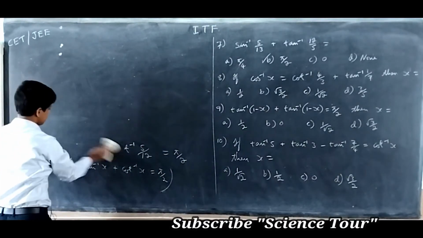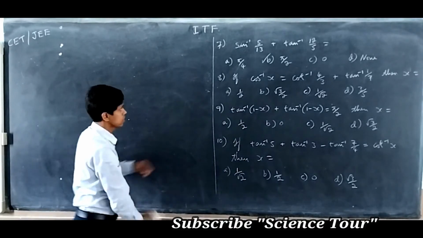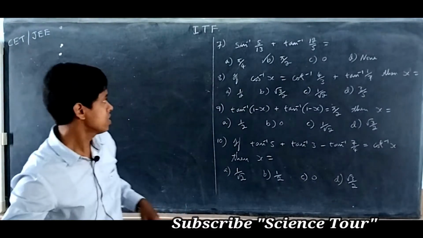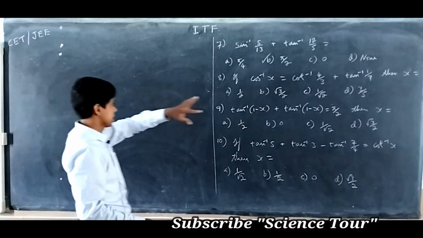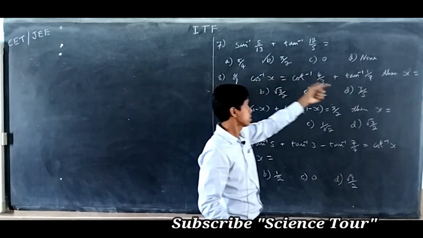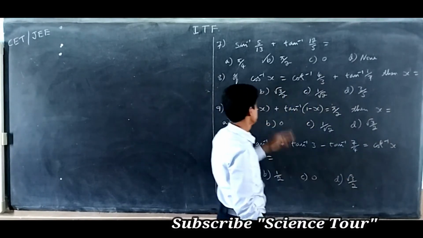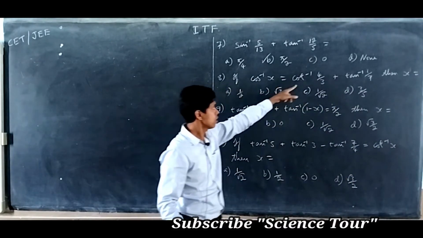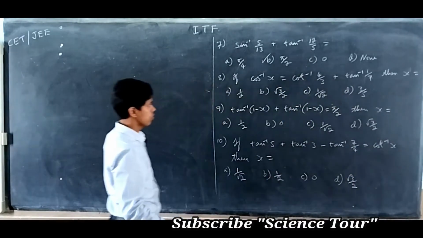Well, let's move on to the next question, question number 8. Question number 8 is cos inverse x is equal to this quantity. Now tell me what is x. That's the question. So values of x are given. We'll start with this cot inverse 4 by 3.